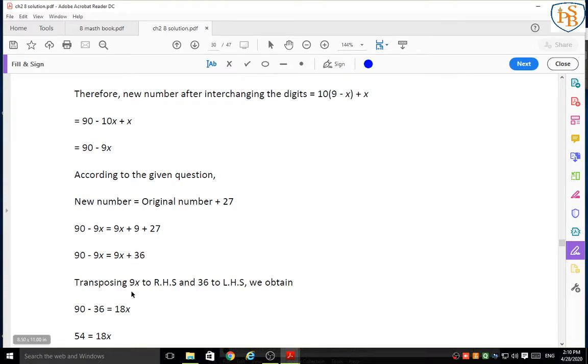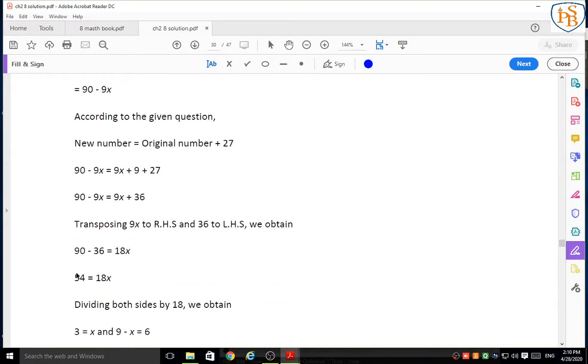And transposing this 9x to RHS and 36 to LHS, we get 90 minus 36 is equal to 18x. So 90 minus 36 we get here 54 is equal to 18x.